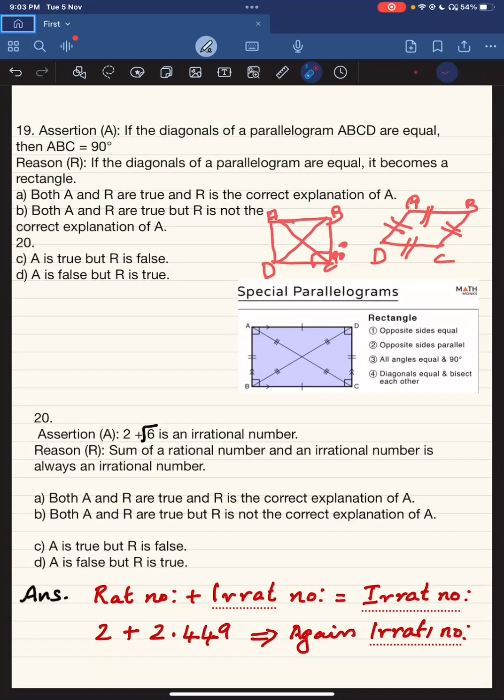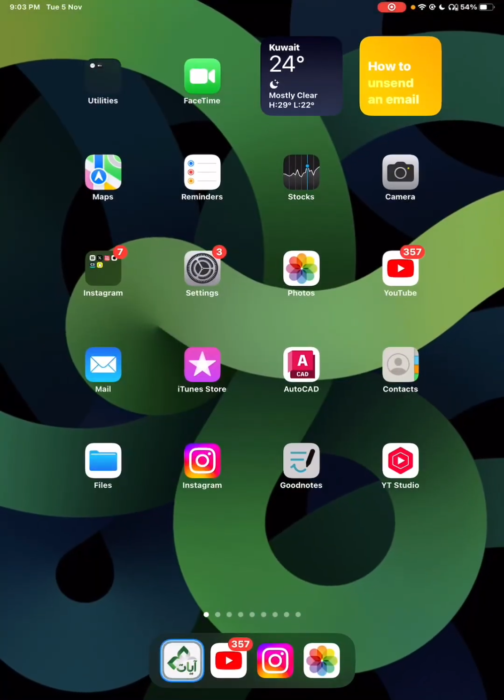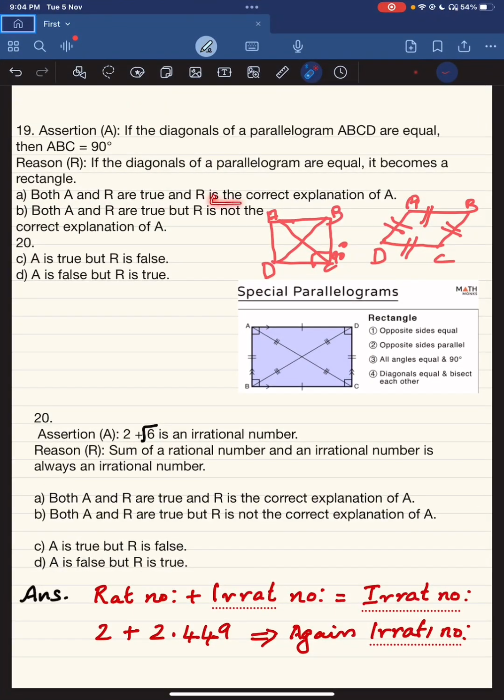So what option is correct? Here I will read for you. Option A is both A and R are true, and R is the correct explanation of A. Here R is the correct explanation of A. This is right. Option B: both A and R are true, but R is not the correct explanation.